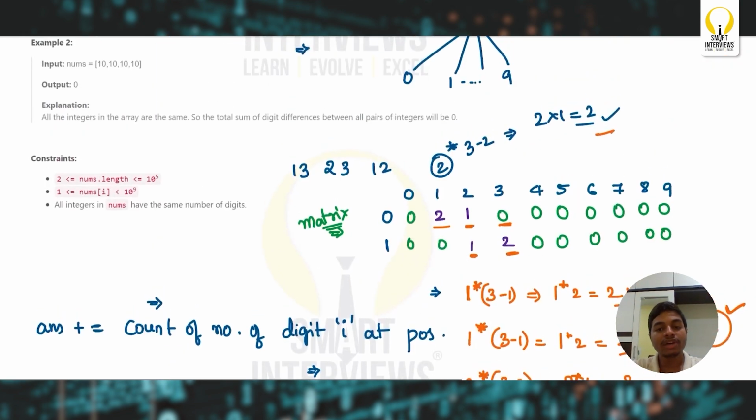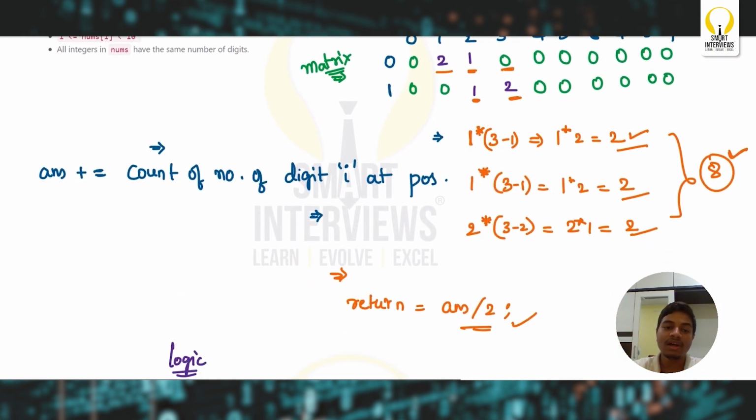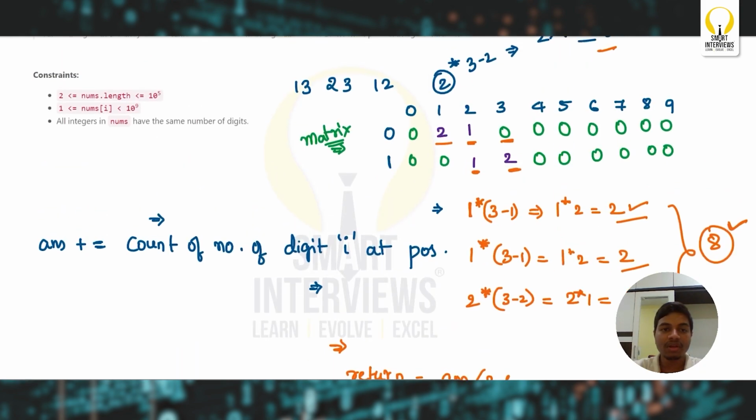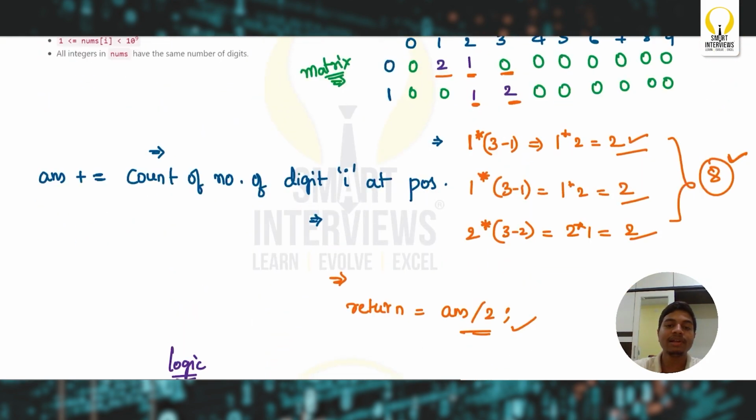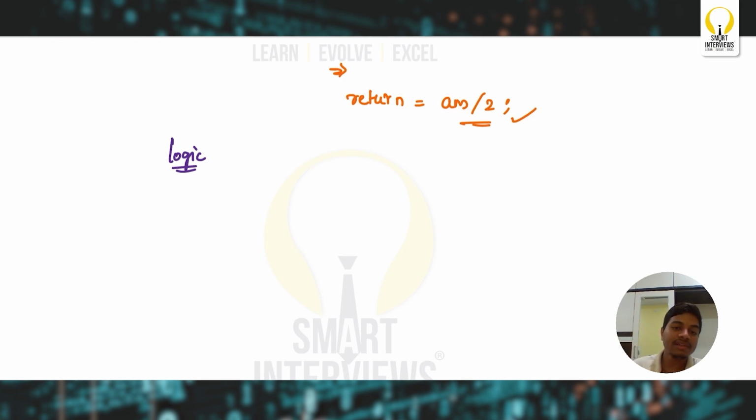So what we actually do, firstly we try to populate some kind of matrix, let us say digit count matrix. The first thing that we did is populate digit count.